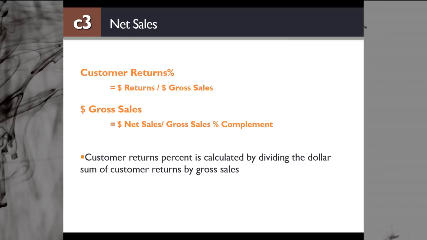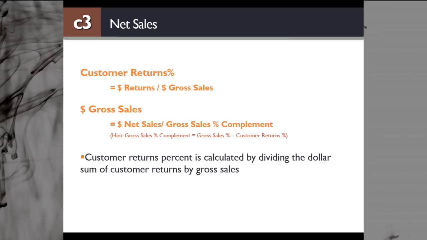Also, if you know the dollar amount of the net sales and the gross sales percentage complement, you can calculate the gross sales backward. Here is the hint in this case. The gross sales percentage complement formula is gross sales percent minus customer returns percent. And in this case, gross sales is considered as 100%.